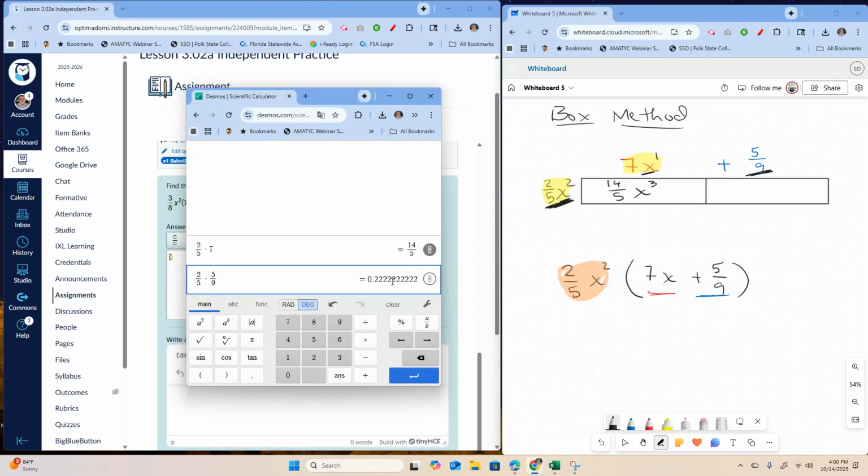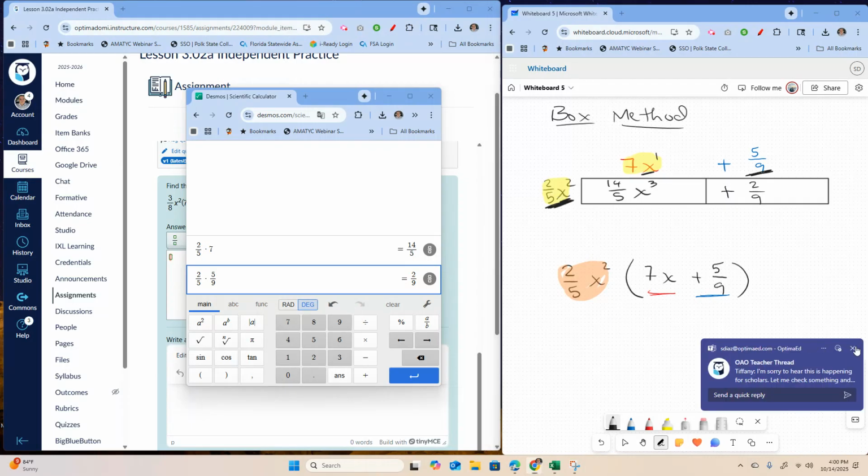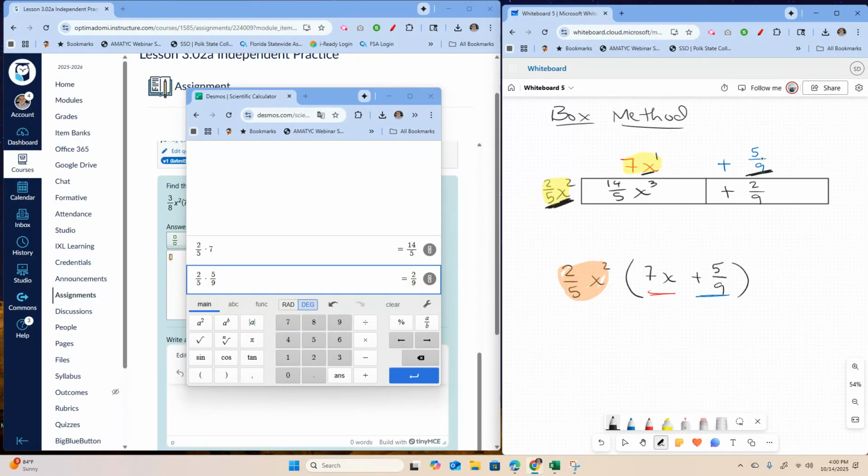And when you multiply that, you get that long decimal, press the circle. Look what I got. 2/9. So I'm going to write plus 2 over 9. That's what I got in the calculator when I multiply. And 2/5 x squared, see, it has an x squared, but the 5 over 9 doesn't have any x. So we keep the same x squared.